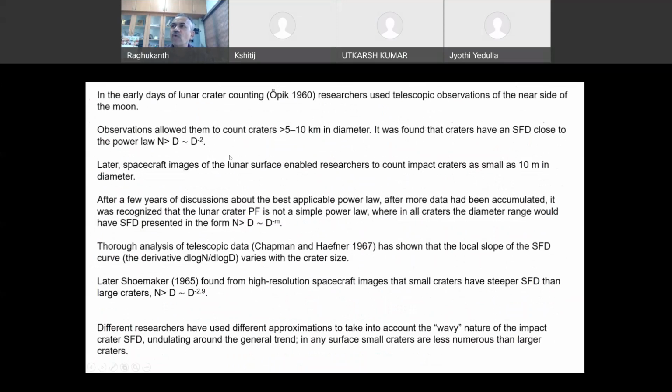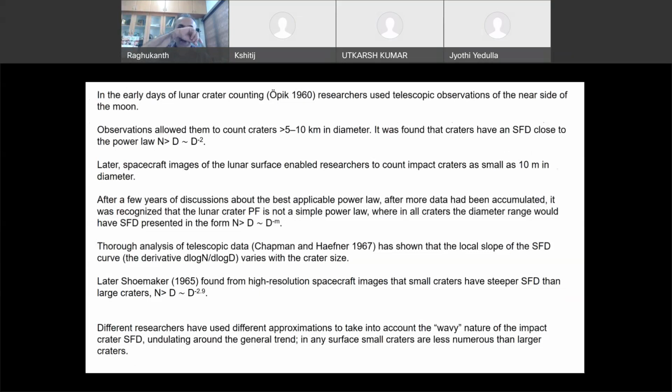Later on, of course, with spacecraft images, we can observe the topography data, whatever I think you people would have downloaded. 10 meter or even 5-meter resolution data sets are available. When you have data at that small resolution, you can easily count very small craters also.